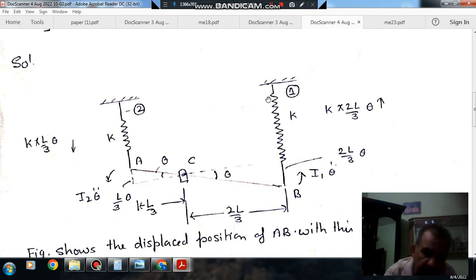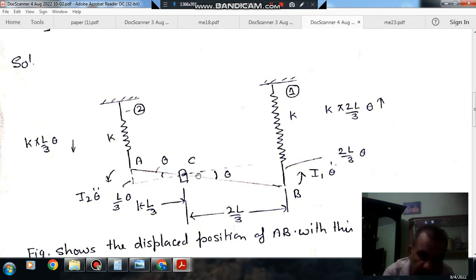So this is a dynamic problem where the rod and springs are vibrating about C. Now we will convert the dynamic problem into a static problem. We will apply the inertia torque or forces, whatever is required by the problem. As this is a problem of angular displacement, we will apply inertia torque.